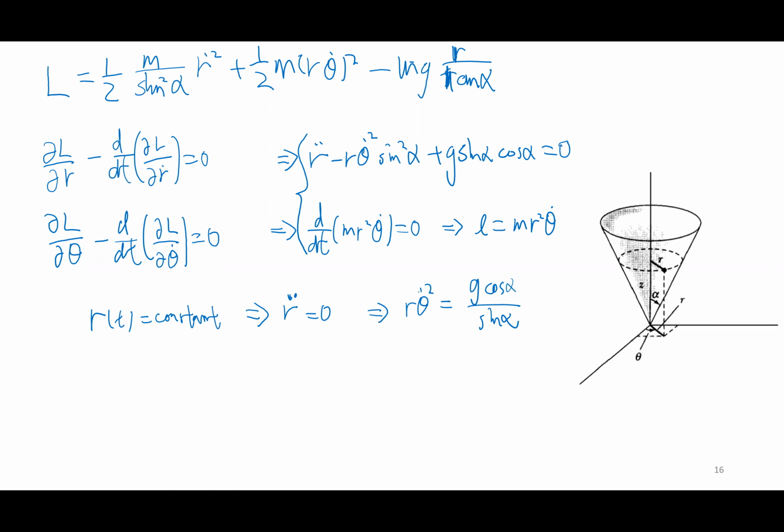And this r theta dot square can be written as L square divided by m square r cube.